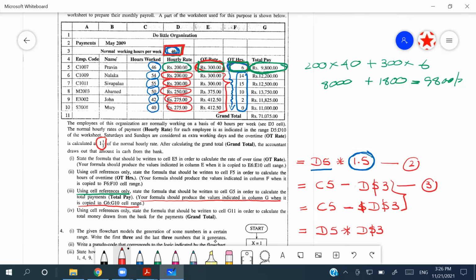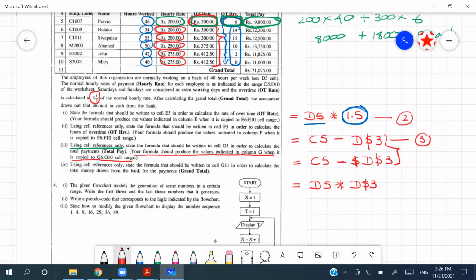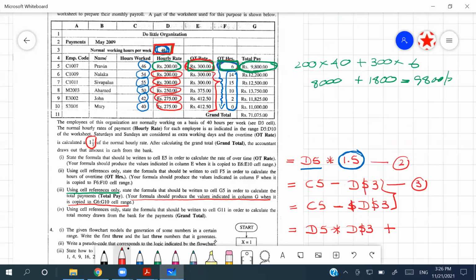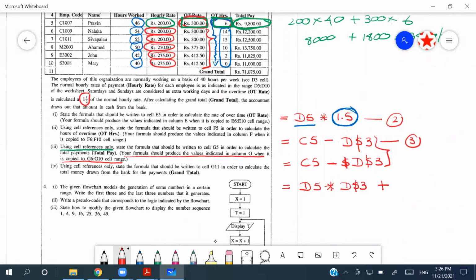So this place should be an absolute cell reference. So D5 into D$3 plus, then what? E5 into F5, right? E5 into F5, right? This can be written like this as well: $D$3 plus E5 multiplied by F5.